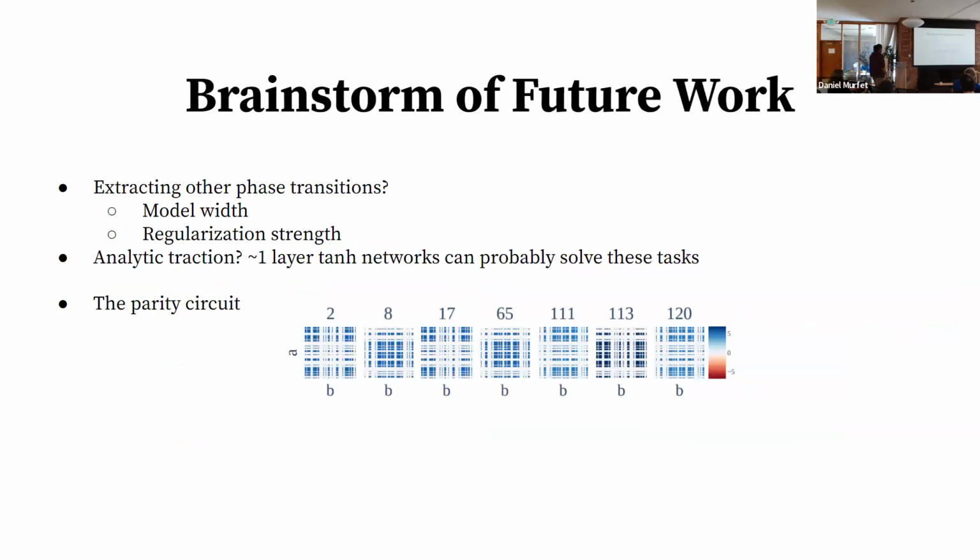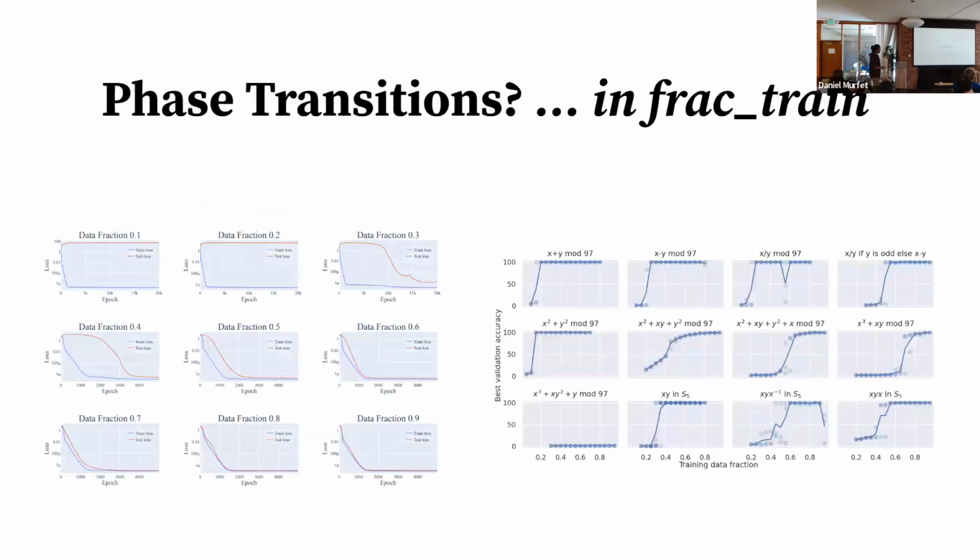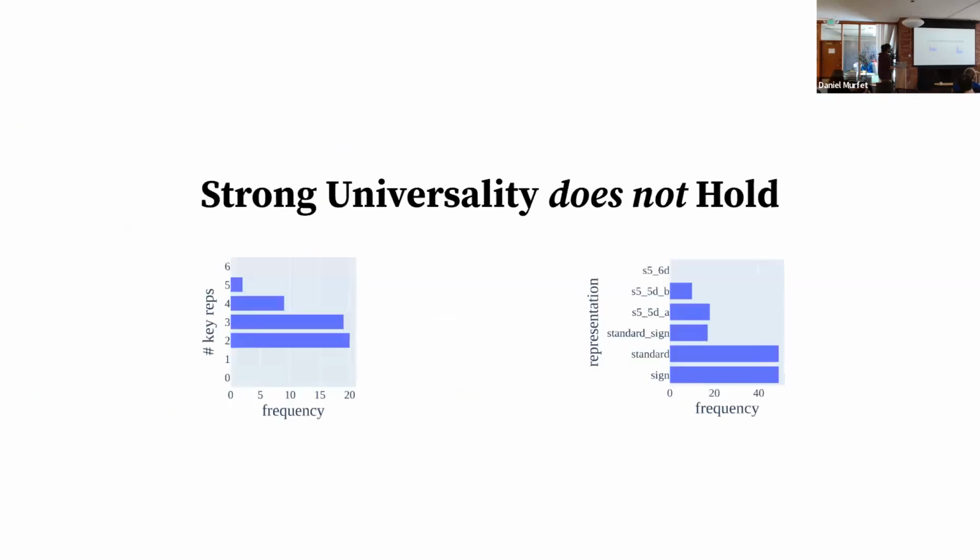Okay, future work. Other phase transitions you can probably extract in these networks by varying the capacity, varying the model width. I think maybe what was going on in this plot, where we never learned this 6-dimensional representation, is that our capacity was just bottlenecking this.